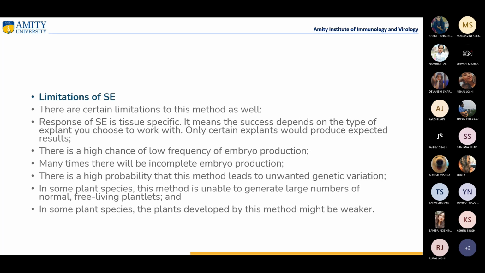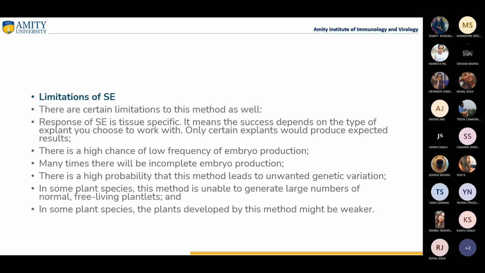Then we have Shivani Mishra. Yes, Shivani, it is a process through which from a single somatic cell, okay, the cells which are not involved in the embryo development. And we have Manaswini also. Manaswini has written, it is a process of regenerating non-zygotic embryos from a single cell or a group of cells, and they can be used to fully produce a plant. Okay, that's right.